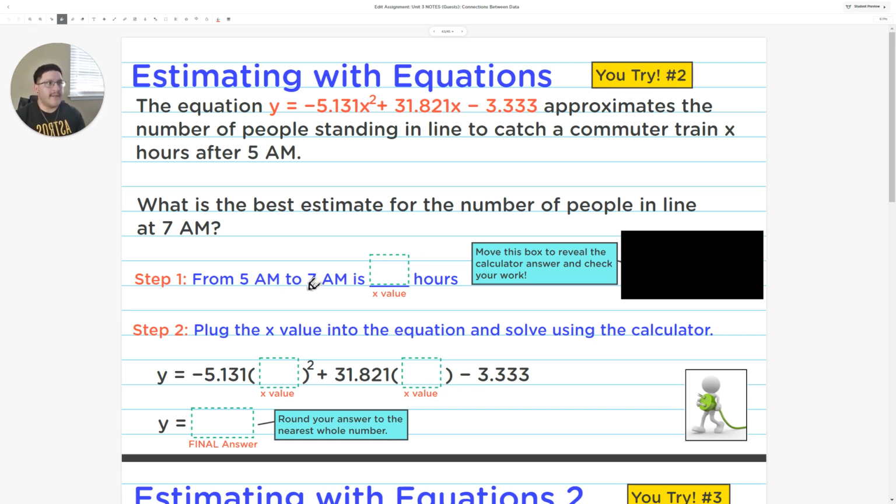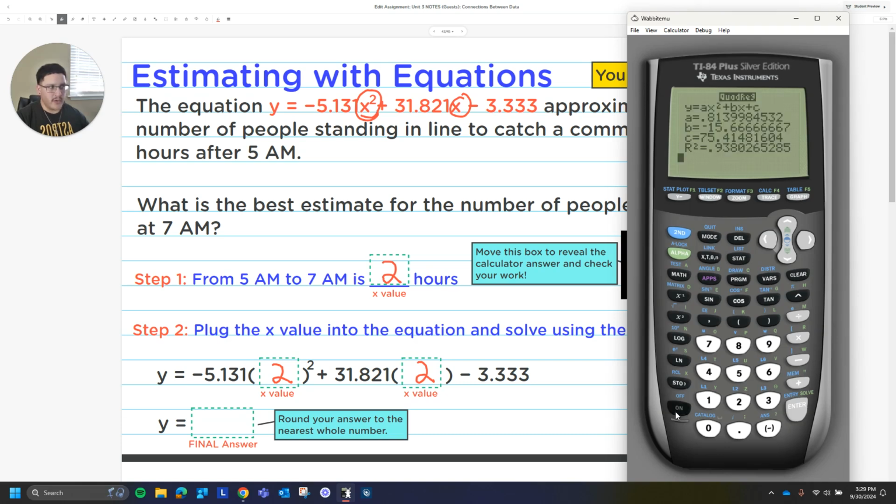So from 5 a.m. to 7 a.m., 2 hours have passed. So using that x value, I'm going to plug it in for every x that I see in the equation, all the x values, and then type that all out. Doesn't matter what calculator you use for this. I'm just going to use the TI-84.